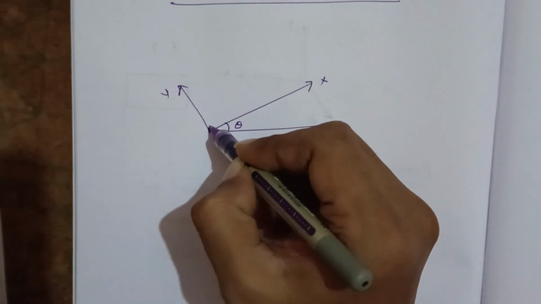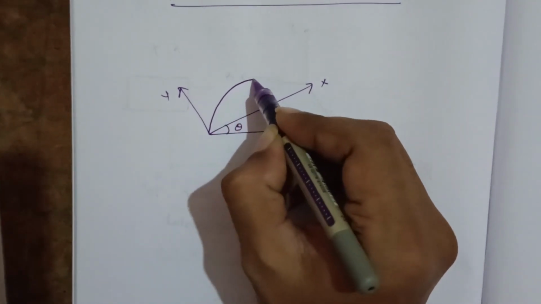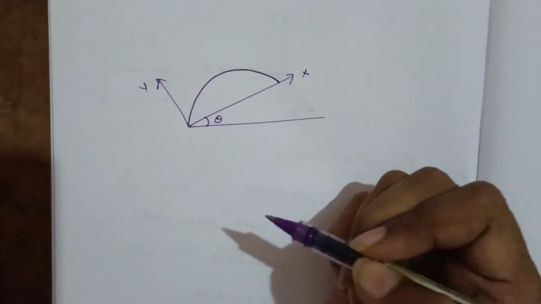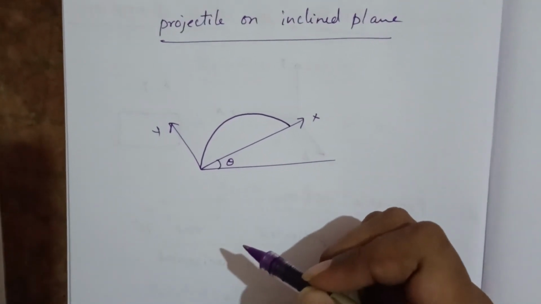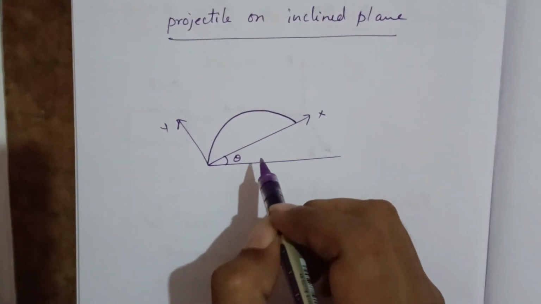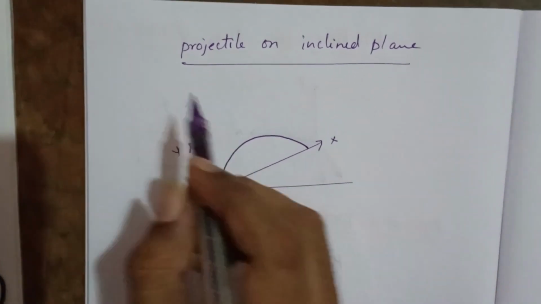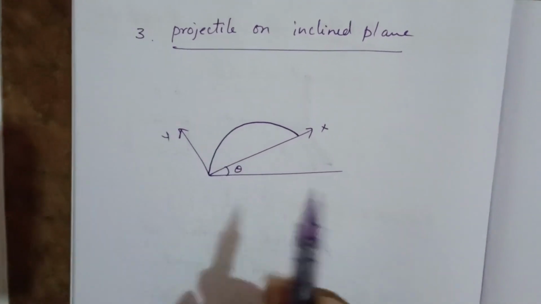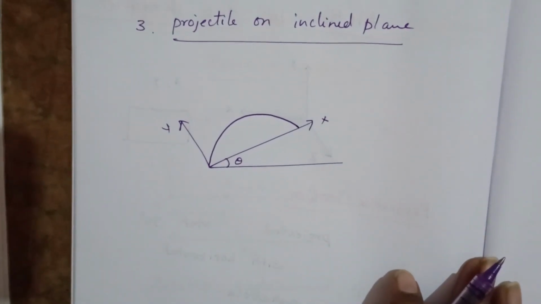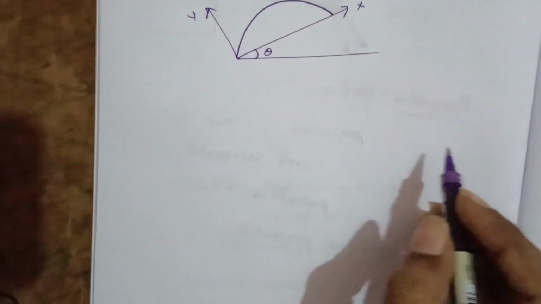If you project anything here, it will take this path. This is projectile on inclined plane. Each of these three we will discuss clearly. First we'll discuss oblique projectile.